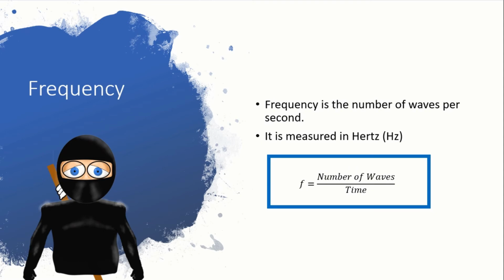If frequency is the number of waves per second, it allows us to make a sort of equation. The word per to me means divided by. So if the frequency is the number of waves per second, then we have the number of waves divided by the seconds, or the time. Take a little look at the wave here.